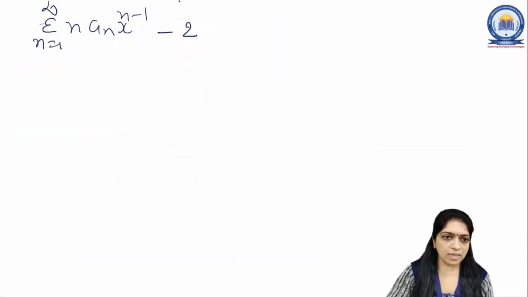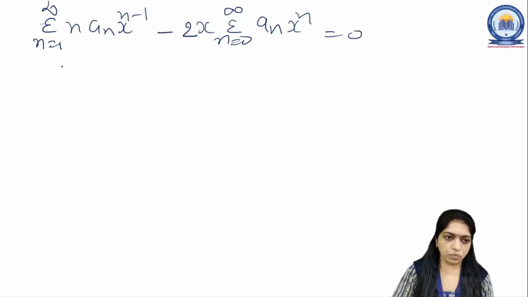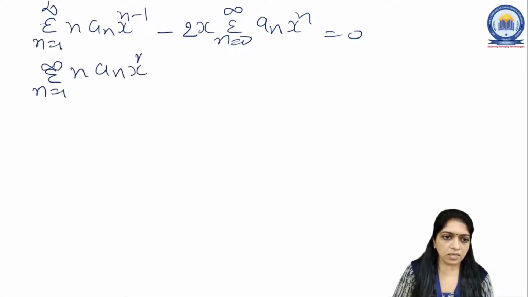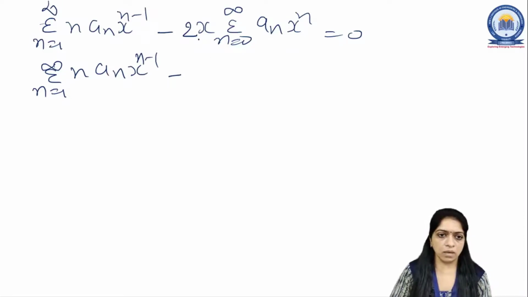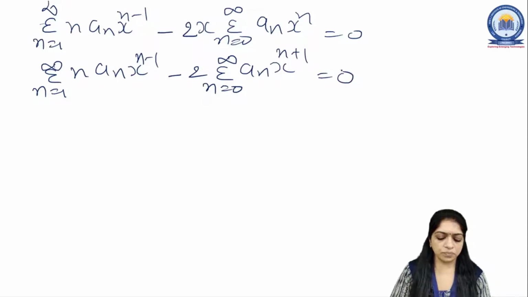So 2 times x, and the value of y is summation n from 0 to infinity an x raised to n, equal to 0. Since the base x is the same, we add the powers. So minus 2 summation n from 0 to infinity an x raised to n plus 1 equal to 0.